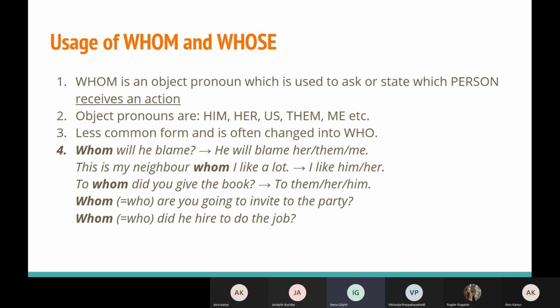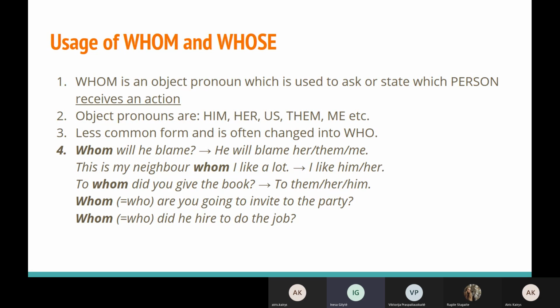So the main part to remember from the usage of whom is the fact that whom is used when a person receives an action. Whom are you going to invite to the party? Whom did he hire to do the job?